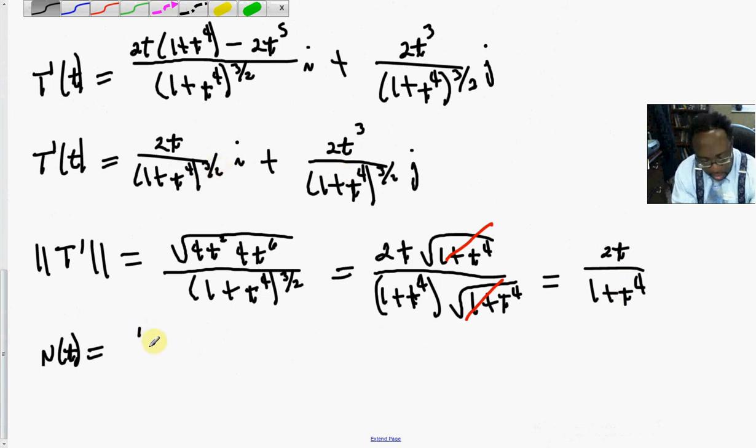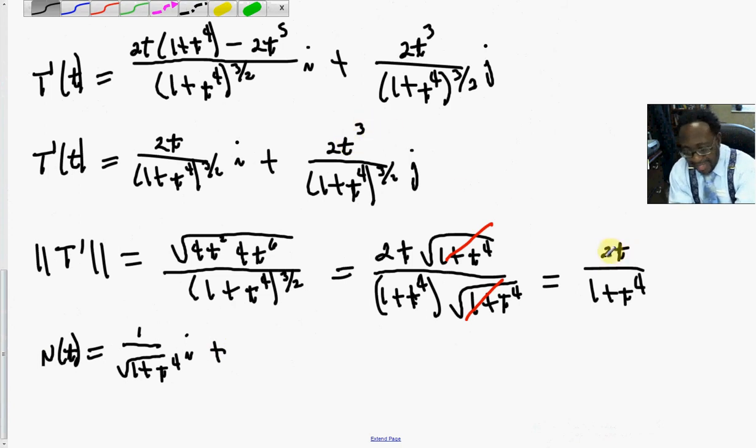You have left 1 over the square root of 1 plus t to the 4th i. Plus, move over here. 2t to the 3rd divided by 2t is just t to the 2nd. And so 1 plus t to the 4th goes to the numerator, divided by 1 plus t to the 4th to the 3/2 power. And so all you have left would be the square root of 1 plus t to the 4th j.